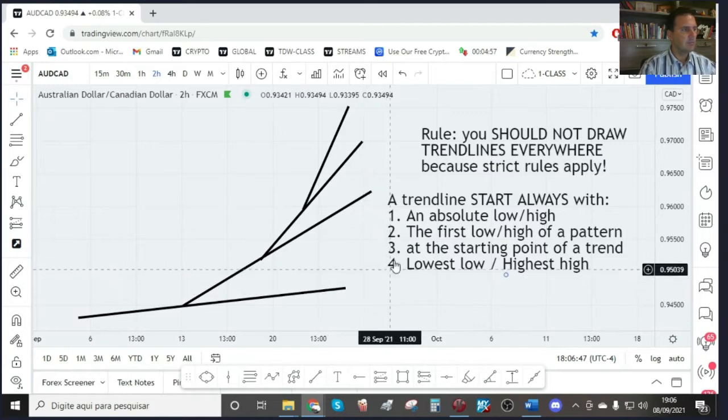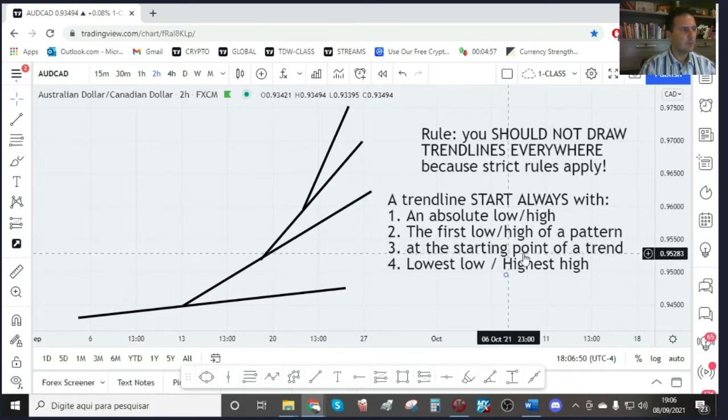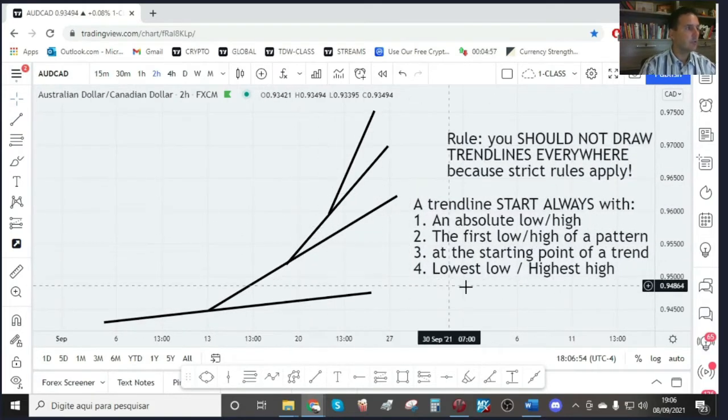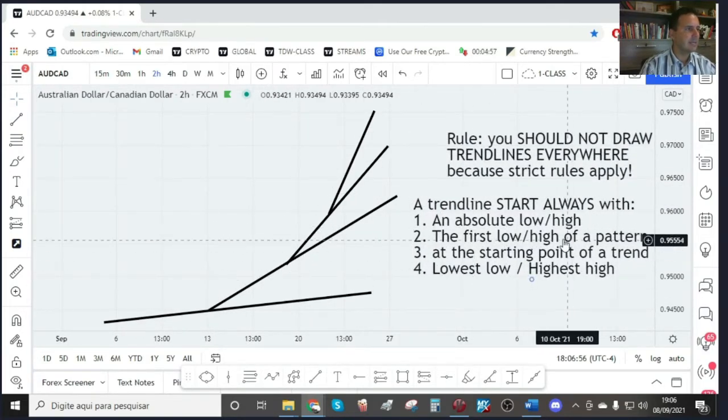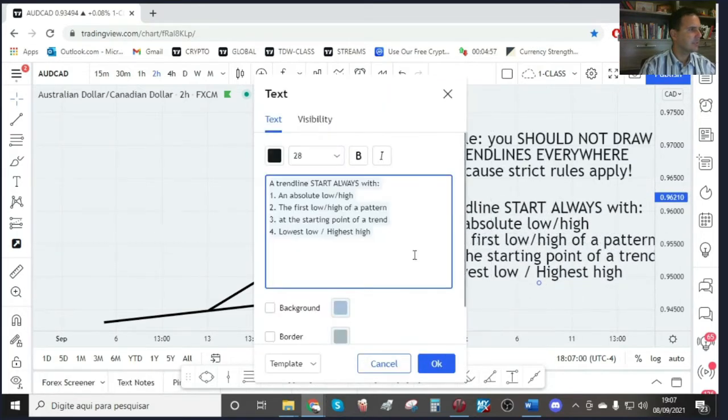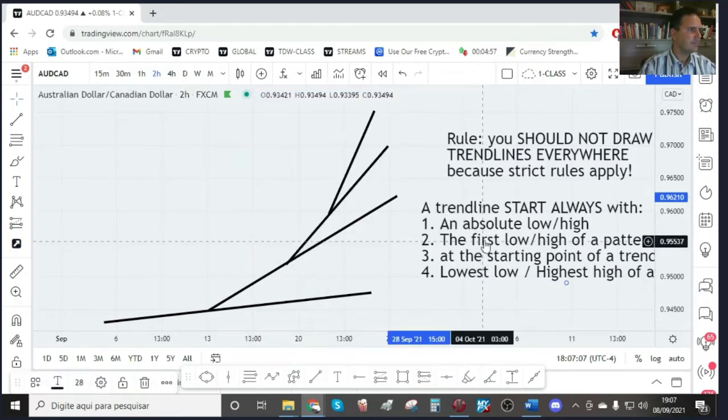Maybe it's at the starting point of a trend, and remember, we learned how to confirm a trend. Or it could be the lowest low or the highest high of a pattern.